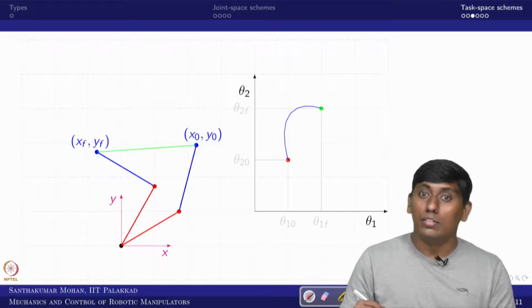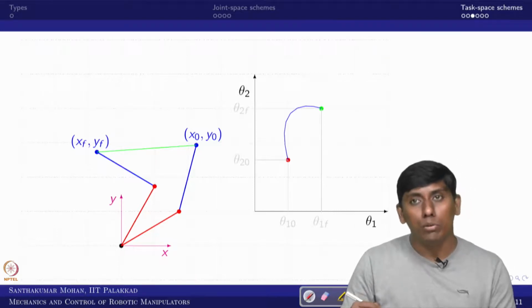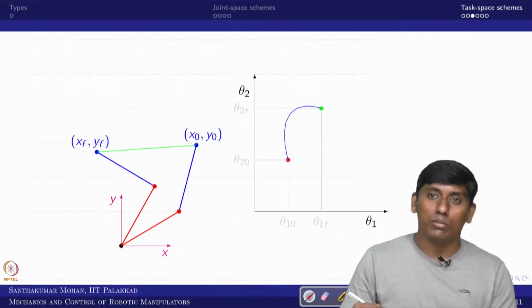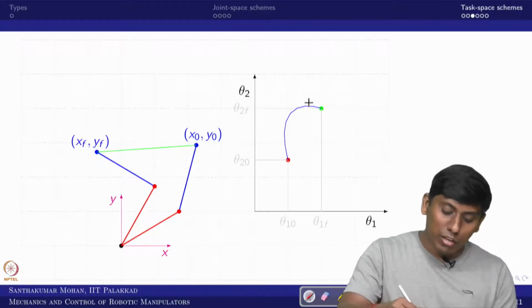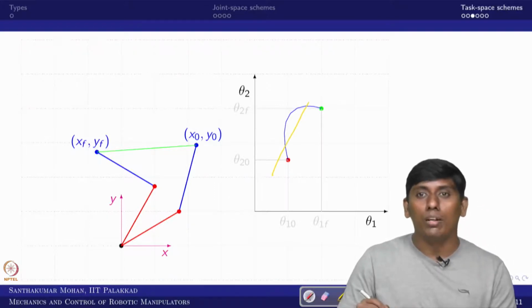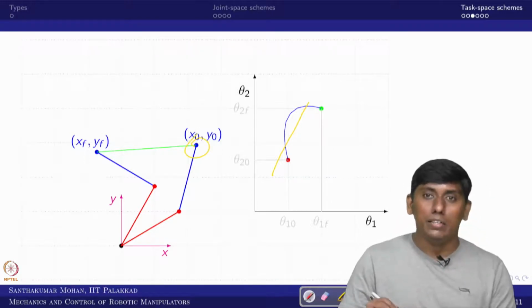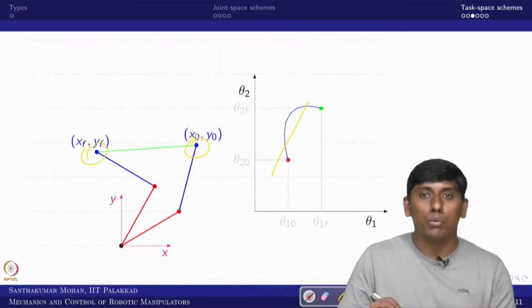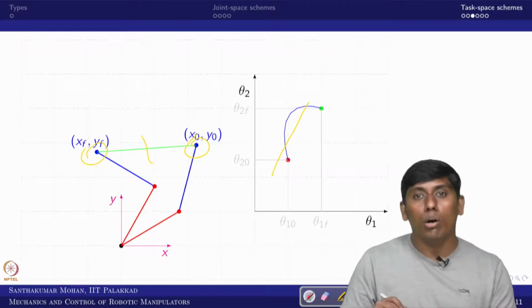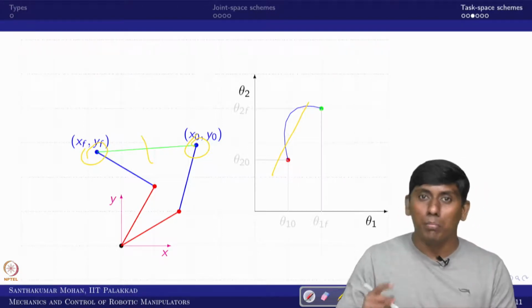Now this may end up with a few issues, which we are going to see. This can go outside the workspace, because this point may be inside the workspace, this is inside the workspace, but the path can go outside the workspace. This is one possibility.